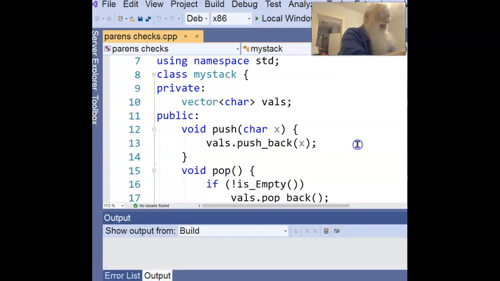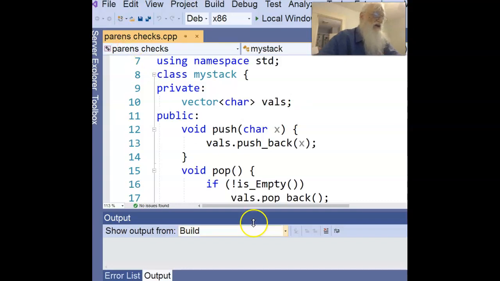You'll notice I have a class here. The problem with the class is it only works for characters. What if I want a stack of integer, or a stack of double, or a stack of string? Do I have to rewrite this entire thing?